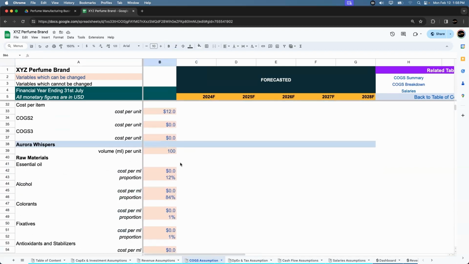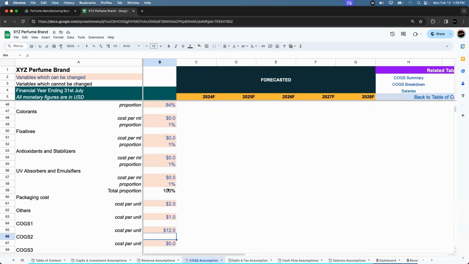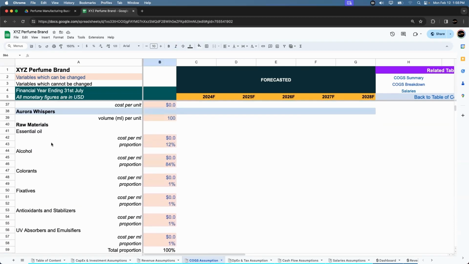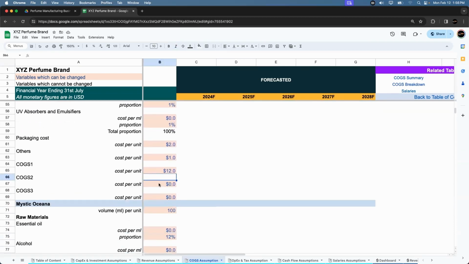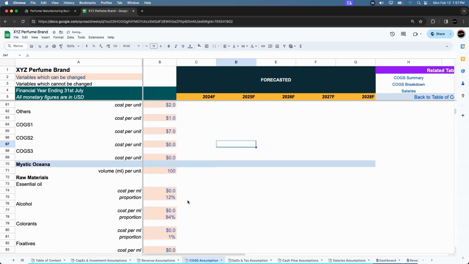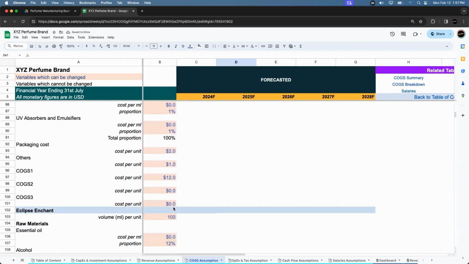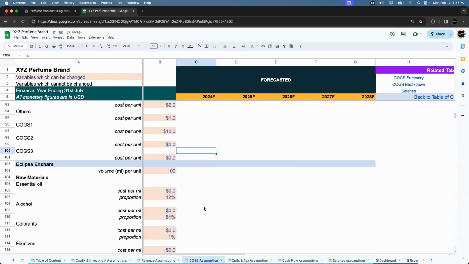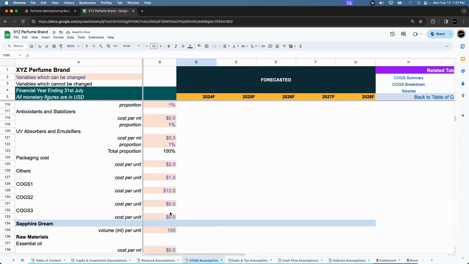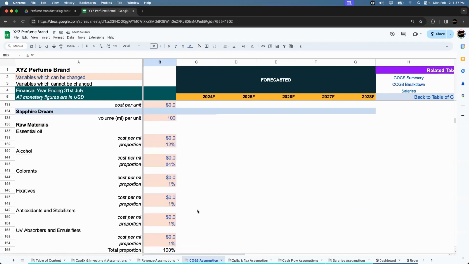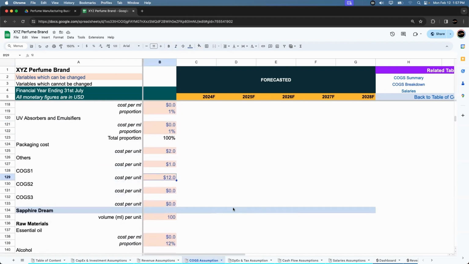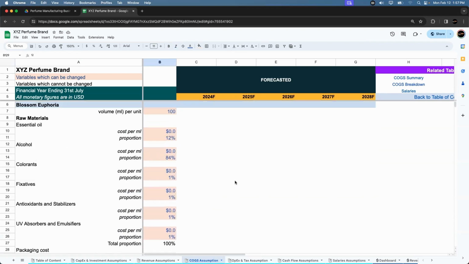So this one had 12, maybe you will have to buy the second item, which is Aura Whispers, for maybe 7. Totally depends on your understanding with the supplier. Maybe this one for 15, maybe this one for 12. So let's keep the rest of the stuff 12. So this is how you can design the model so efficiently.